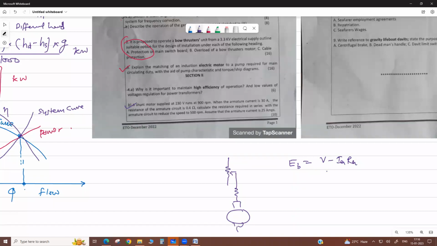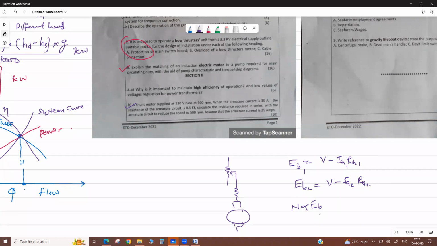Please calculate this: Ia1, Ra1, Eb2 equals V minus Ia2 Ra2. This will change. Then you know your speed is directly proportional to back EMF, where phi is constant here.